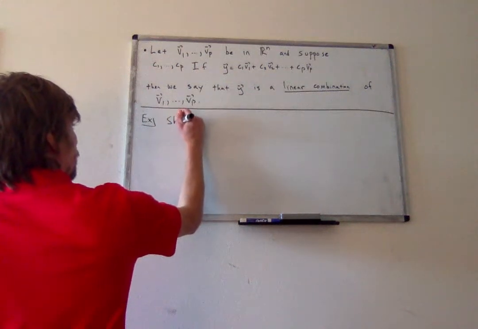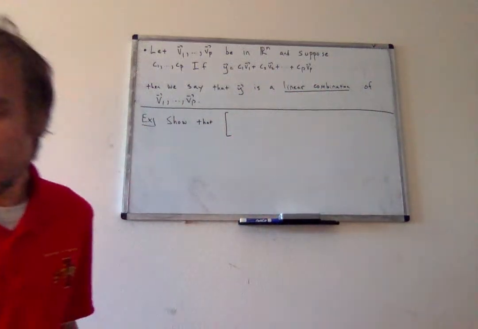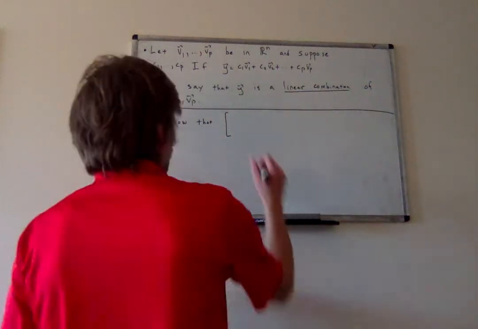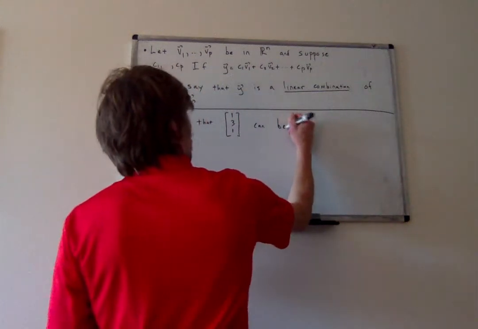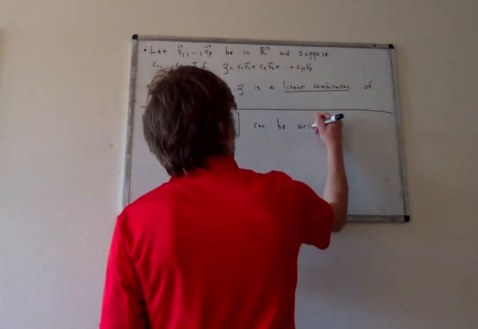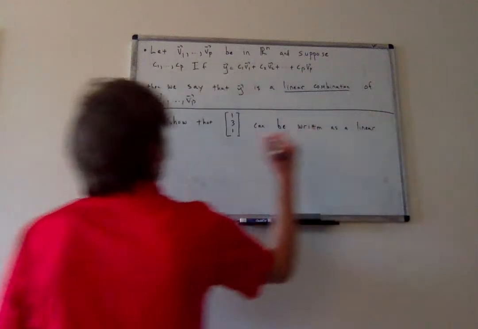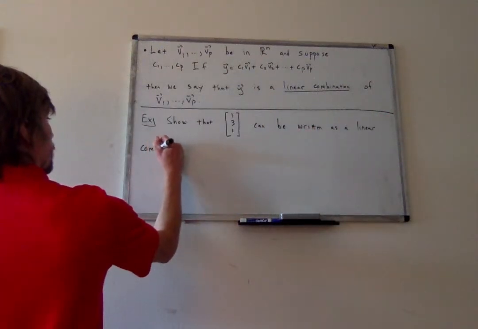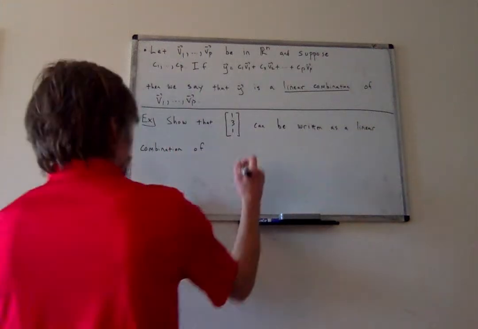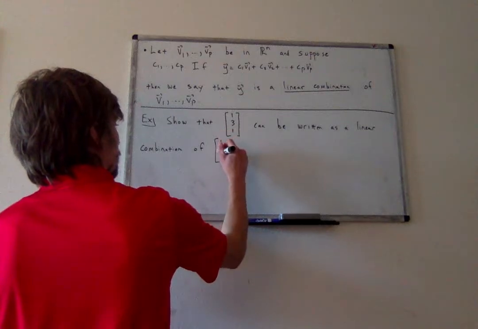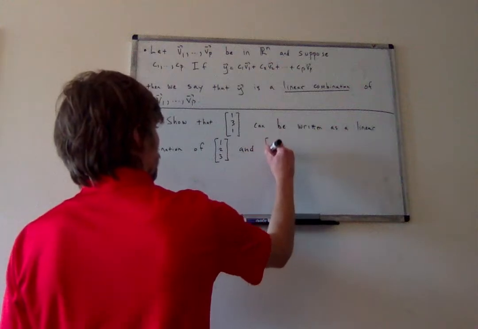And so first off, I want to show that the following vector, 1, 3, 1, can be written as a linear combination of the following two vectors, 1, 2, 3, and 1, 1, 5.